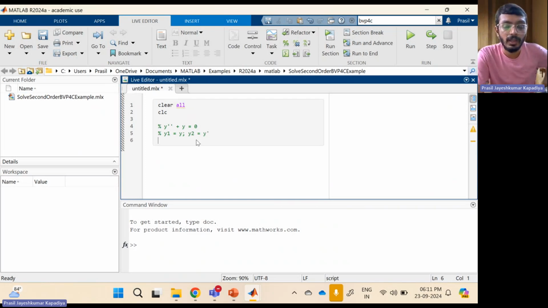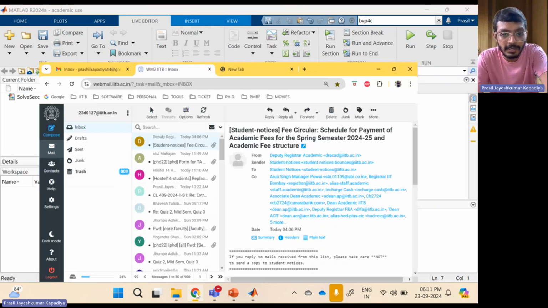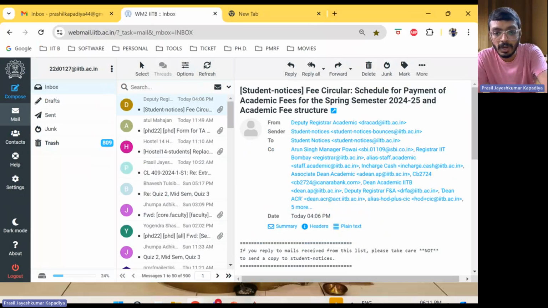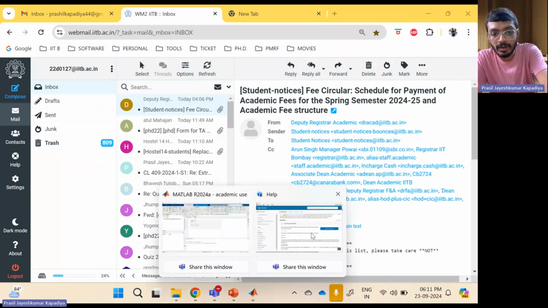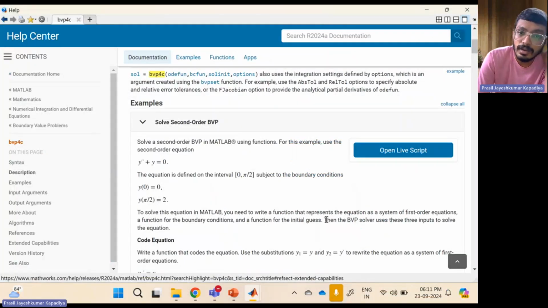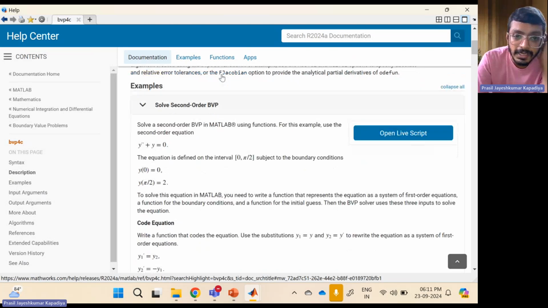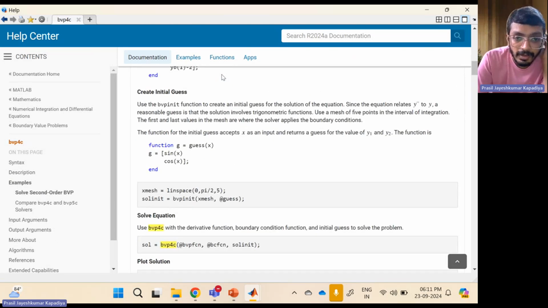Let's understand step by step. First, we need to define our initial command sol init, meaning we need to use this bvp init function. For that we need the mesh size and some initial guess.